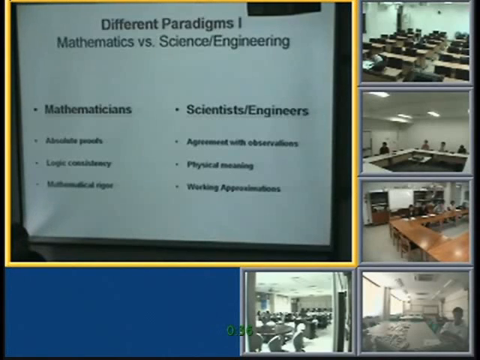A joke that I read once in Physics Today talks about the difference between scientist, engineer and mathematician. It talks about three persons traveling in Scotland. They are all riding the train: a mathematician, a physicist, and an engineer.